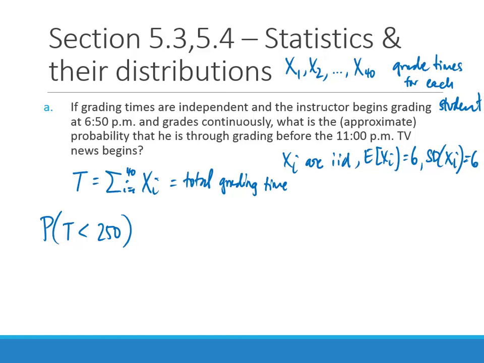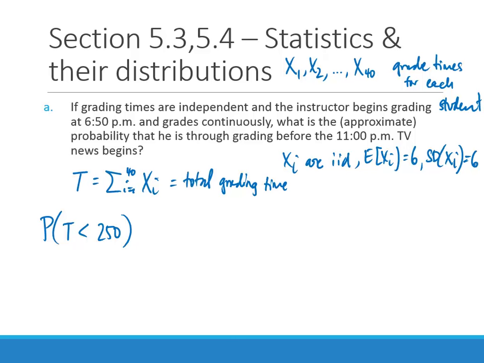Notice at this point I haven't said anything about what the distribution of X1, X2 up to X40 is. I've only told you their mean and standard deviation. If I had told you they were all normal, then we could use the results from before and say we know exactly what the distribution of T is. But since I haven't told you that, you can't immediately jump to that step.